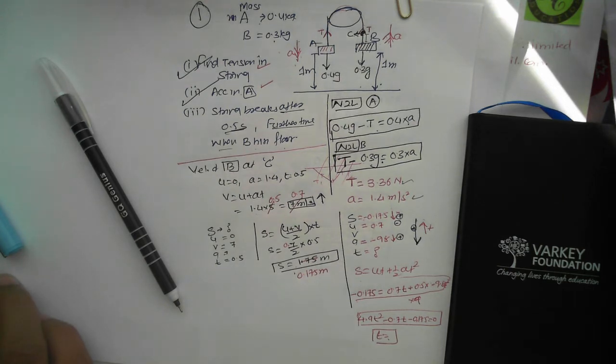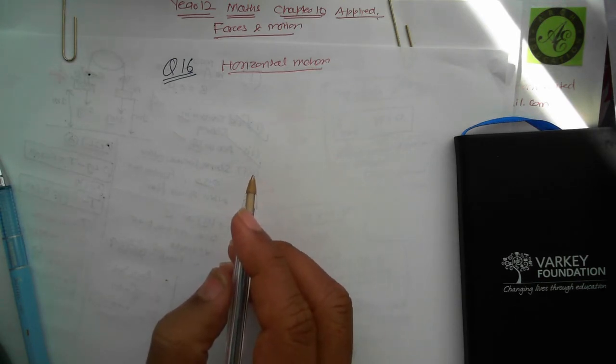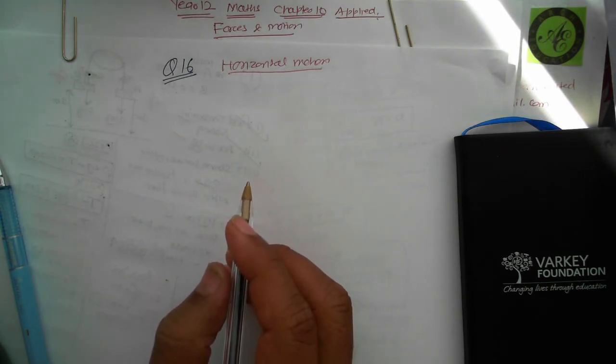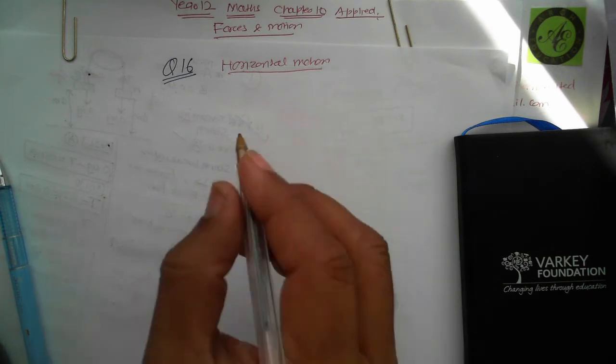Alright guys, now we're going to do a question on horizontal motion. I'm going to read this out to you. It says a car which has run out of petrol is being towed by a breakdown truck along a straight horizontal road. The truck has mass 1,200 kgs. Let's draw a little diagram, modeling is really important.